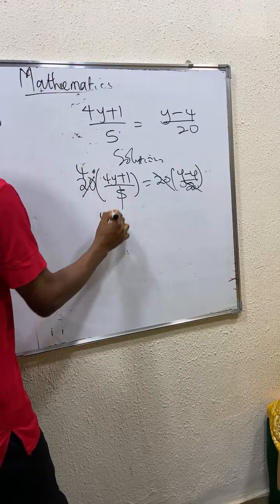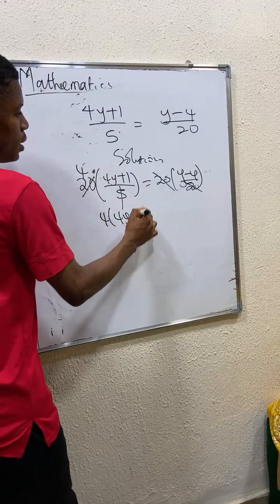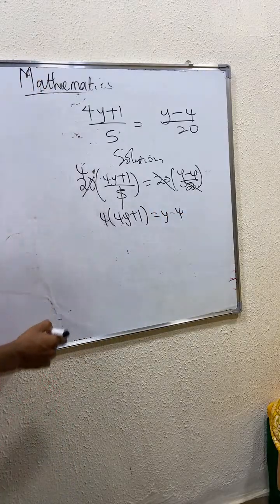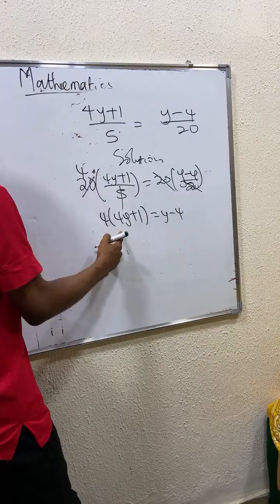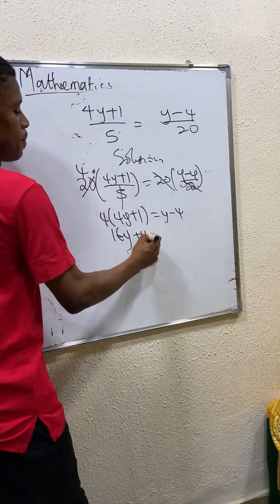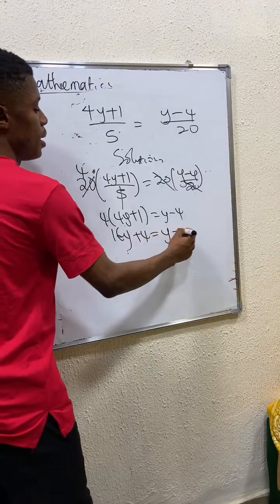We are left with 4 into (4y plus 1), and that equals y minus 4, right? Yes. 4 times 4y is 16y, 4 times 1 is 4, and that equals y minus 4.